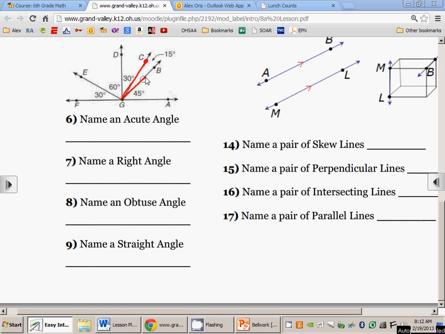Very good. And now that Austin connected the dots, now we can see this acute angle. So how do we write it? We write angle C, G, B. Earlier we wrote 3 letters without a symbol. And what was that? What concept? Name 3 points.